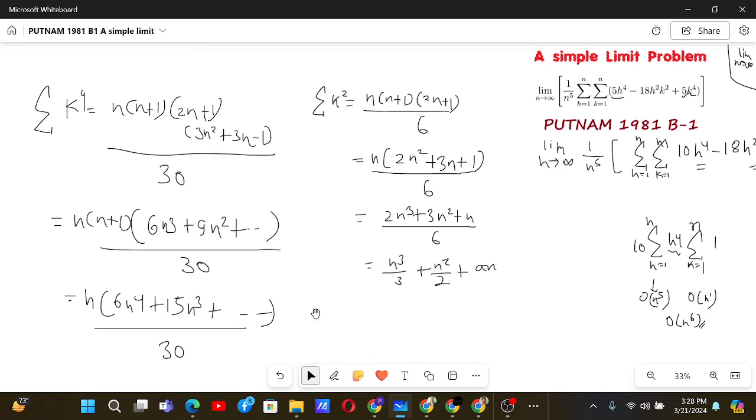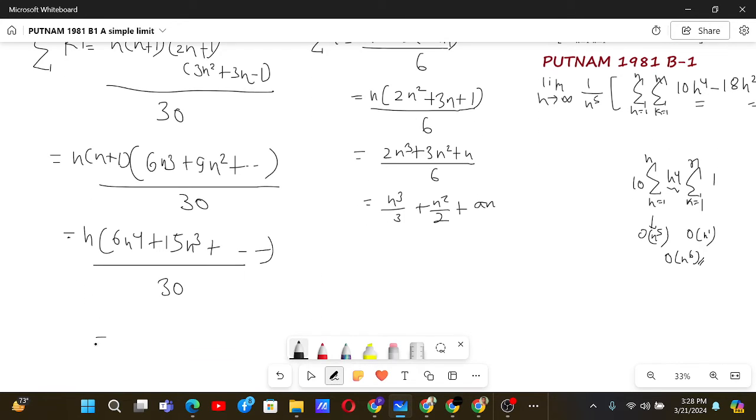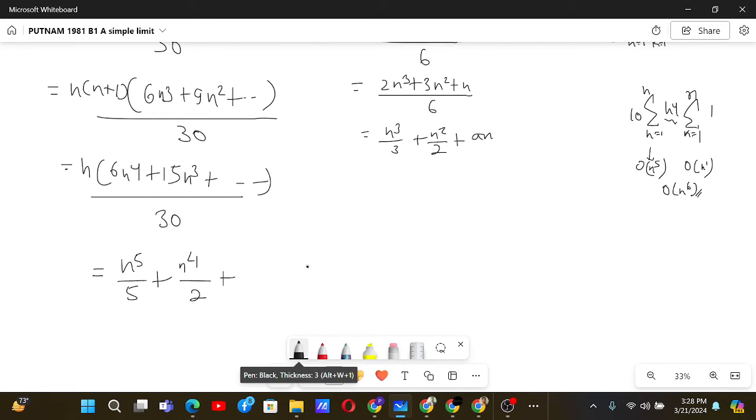And so you basically have n to the power 5 by 5 plus n to the power 4 by 2, and other terms, it goes up to n. So let's say bn cube plus cn square plus d.